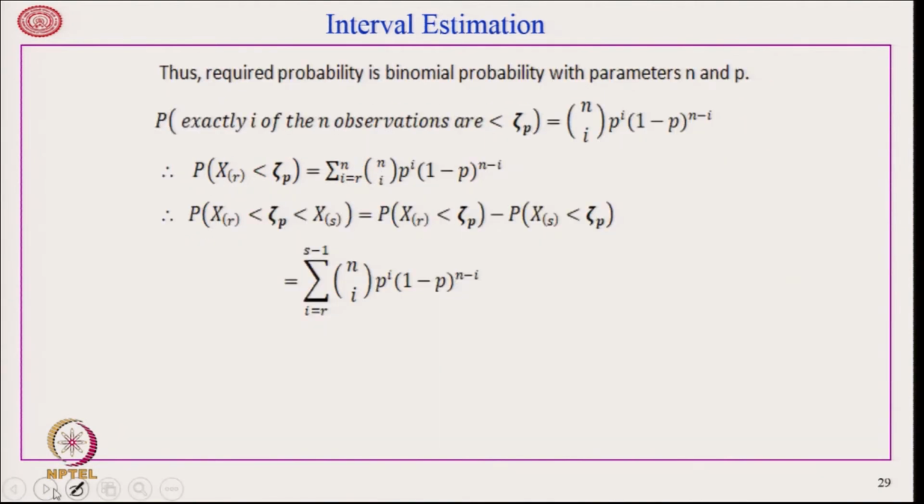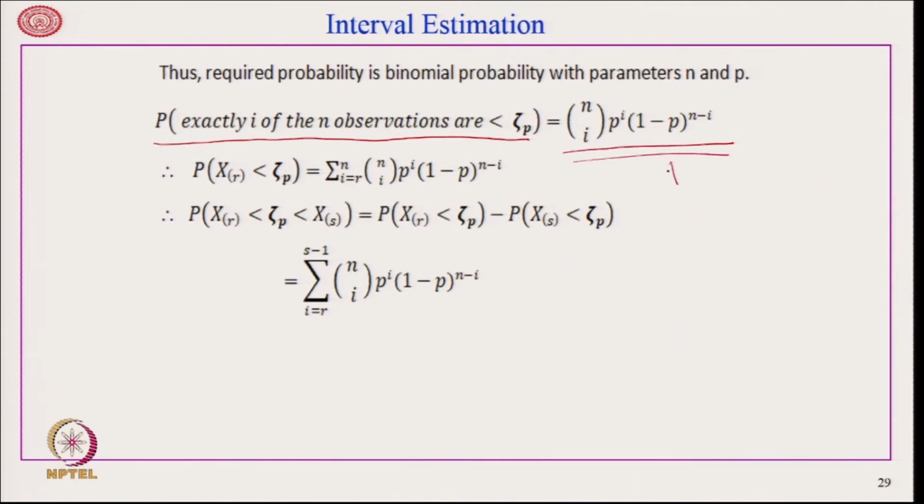Thus, the required probability is a binomial probability that out of n tosses, i of them are less than zeta p. Therefore, the probability that exactly i of the n observations are less than zeta p comes out to be nCi p to the power i, (1 minus p) to the power n minus i.